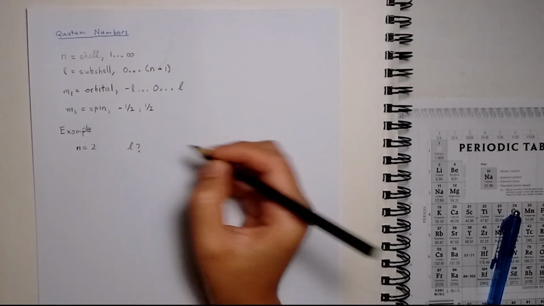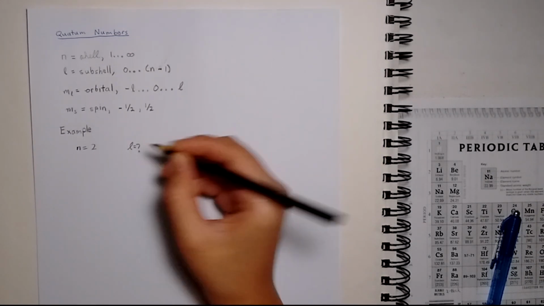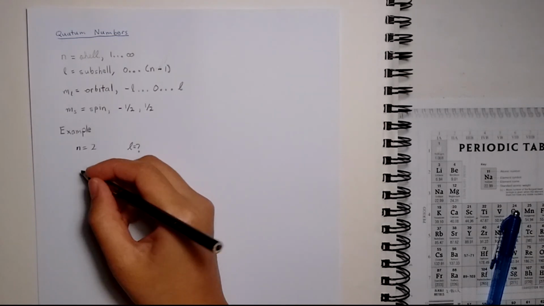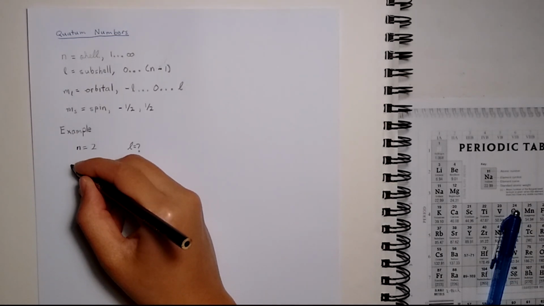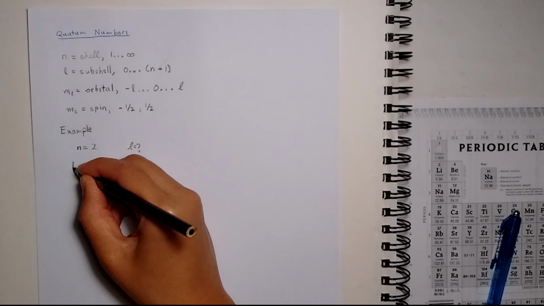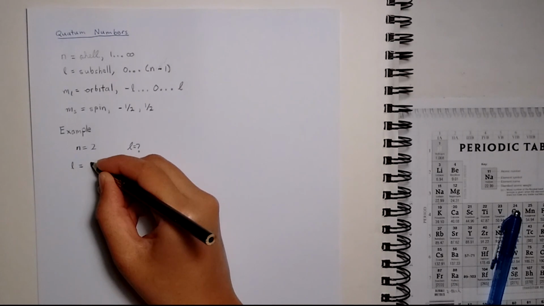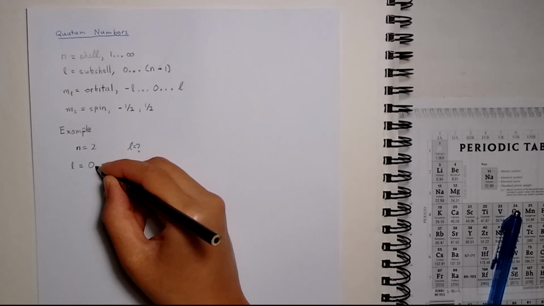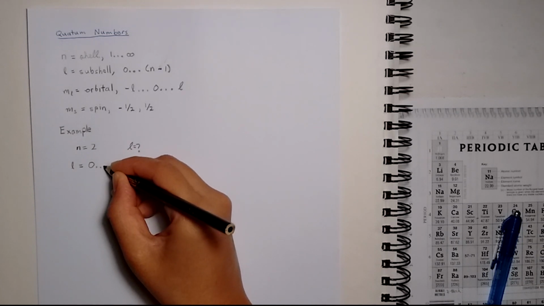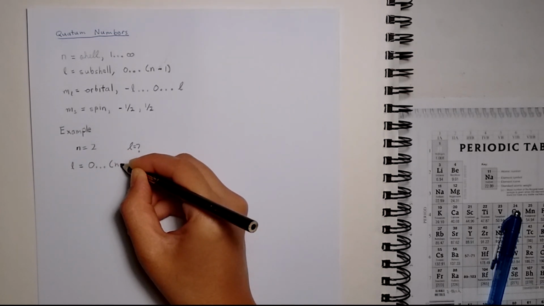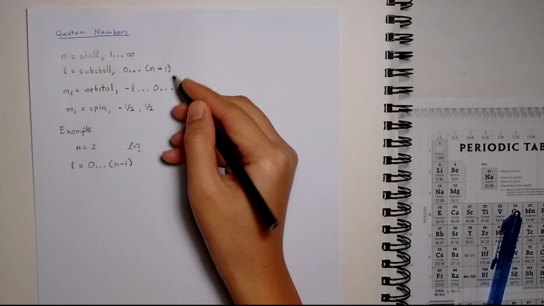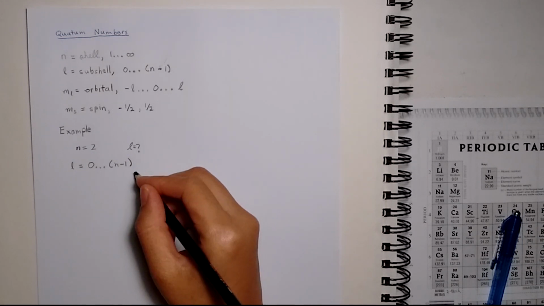So from our rule, L is represented by 0 through n minus 1. Okay, so that's what we get from the rules.